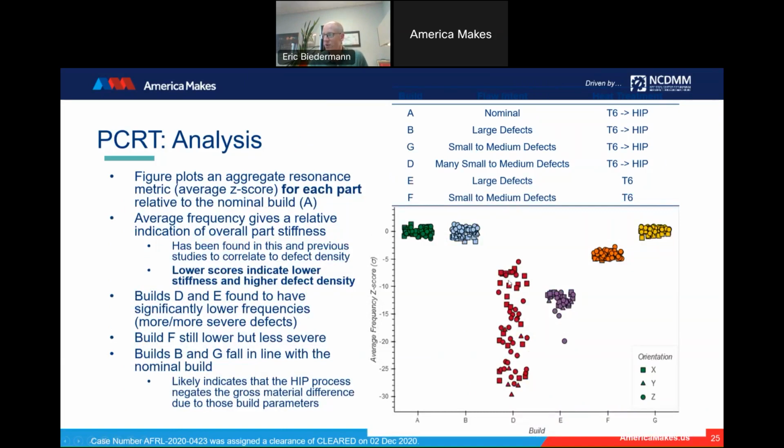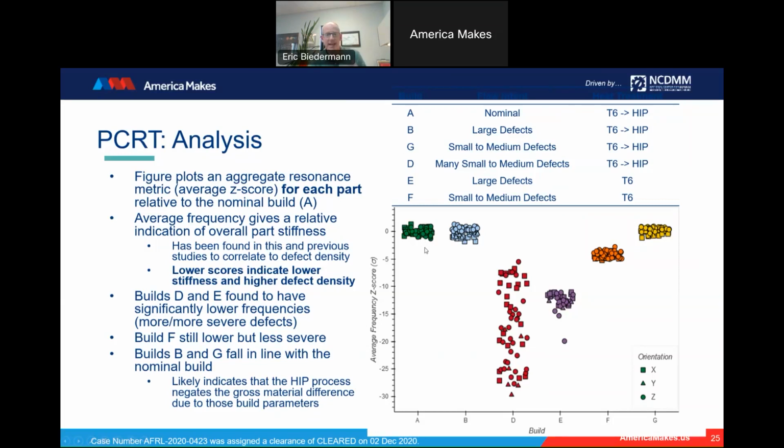When we look at the Z-score data for these populations, you can see that there were some significant differences. For example, E had much lower Z-score averages than B, indicating that HIP did have some effect and it helped reduce that gross material property difference. In the Z-score look, Group B actually had frequencies that aligned relatively well with Group A.